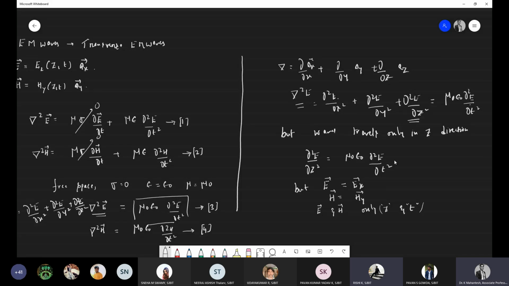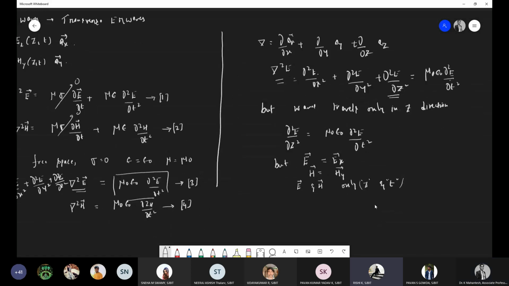So I can write the above equation as, let me represent this as equation 5 and this as equation 6.